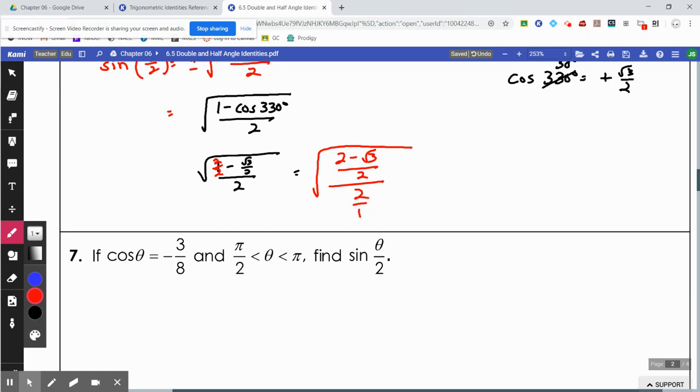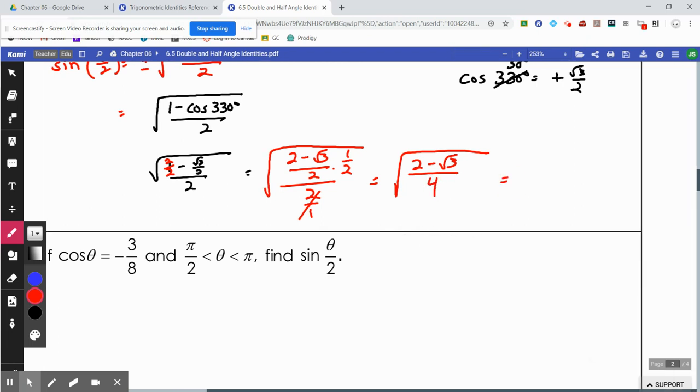In order to get rid of this fraction, I'm going to flip and multiply. That's going to be the square root of 2 minus root 3 all over 4. And I can split that square root and split it into the square root of the top over the square root of 4, which is 2.